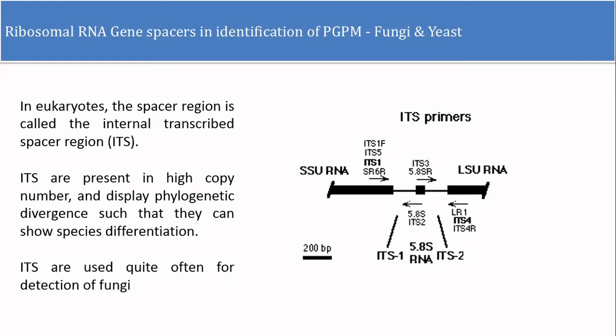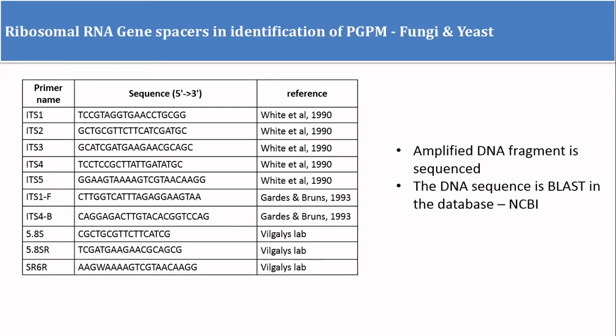So in that regard, we will be able to sequence these specifically isolated microorganisms from the rhizosphere region, and we could identify those microorganisms. Also, for your reference, I have given the primer sequences which could be used for amplification of a DNA fragment, and that could be sequenced, and it has to be blasted.